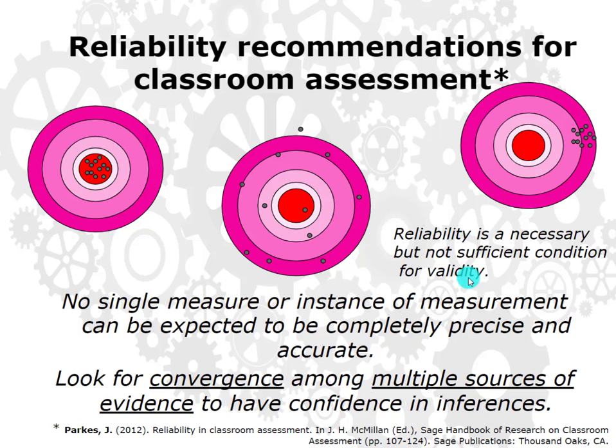When you look at a dartboard, you're trying to measure how well someone can aim, how well somebody can hit the bullseye of a dartboard. In this example right here, whoever is throwing these darts is hitting the bullseye exactly where you're supposed to hit it, in the center.